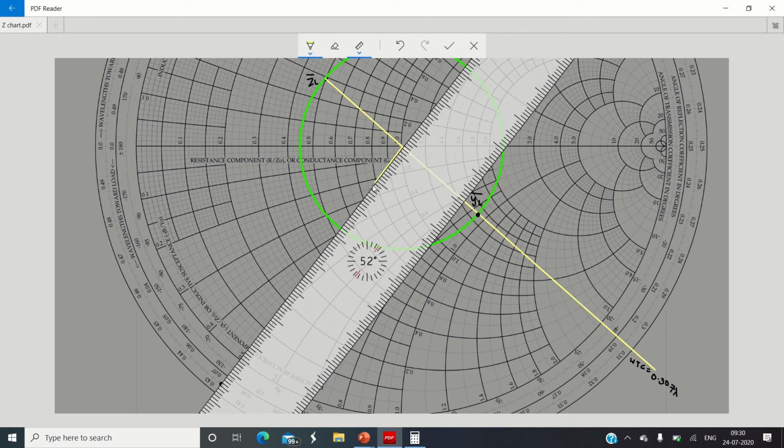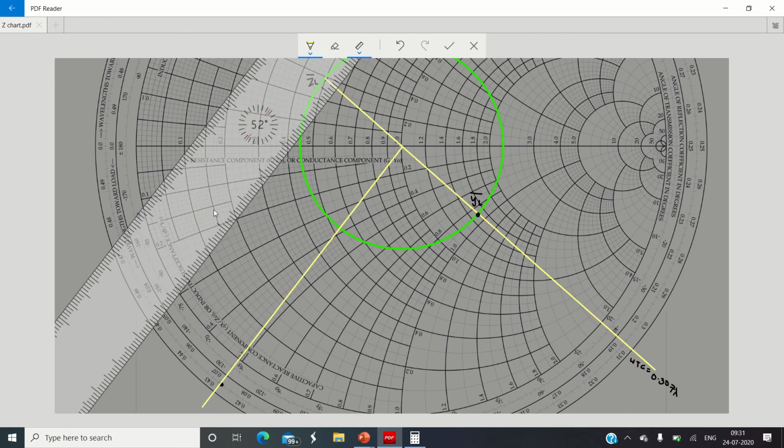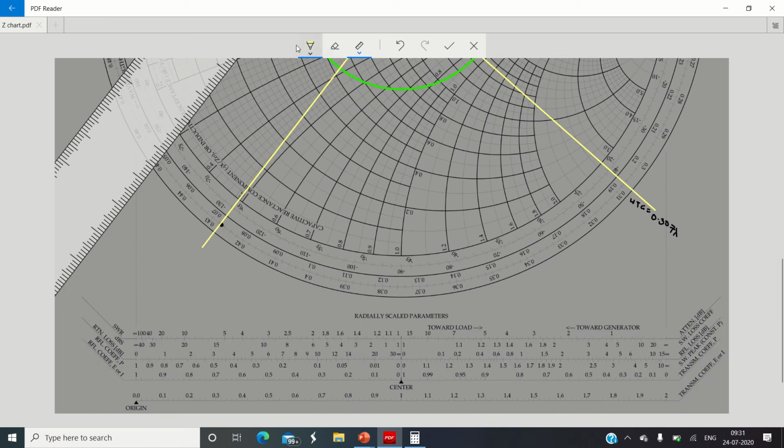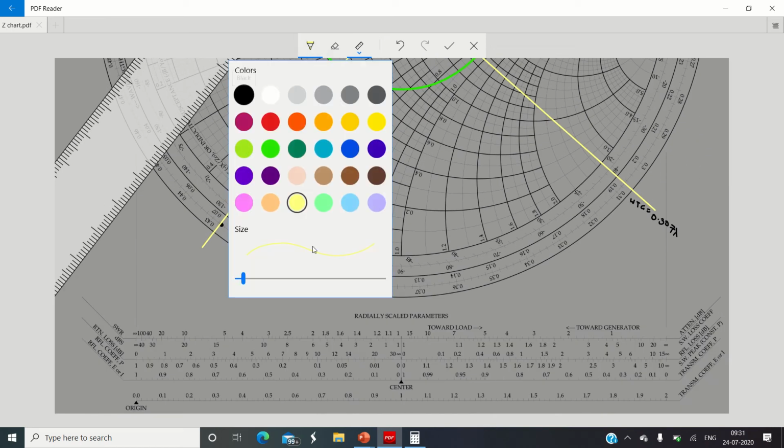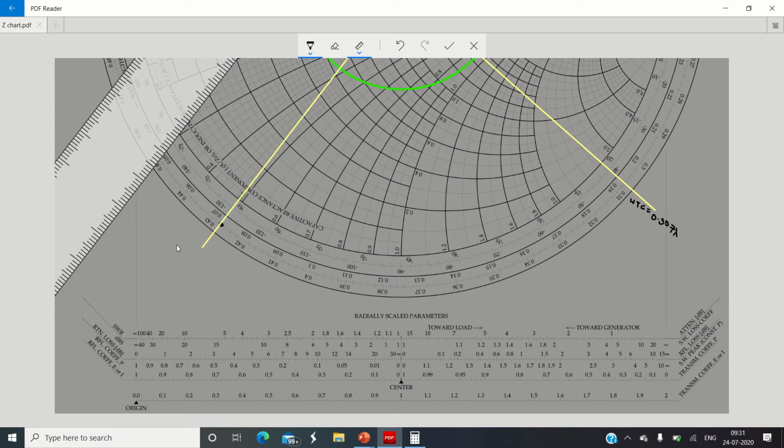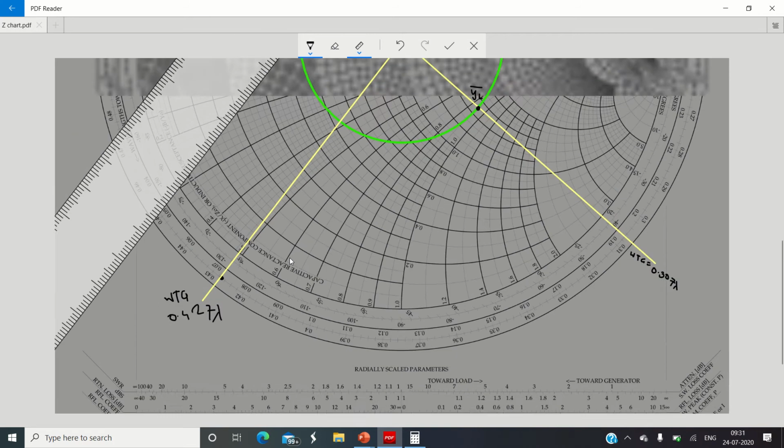And what I will do is I will join the center of the Smith chart with this particular point. Okay, so what is this point located at? This point is located at 0.427 lambda. Okay, so here I will write the WTG is 0.427 lambda.